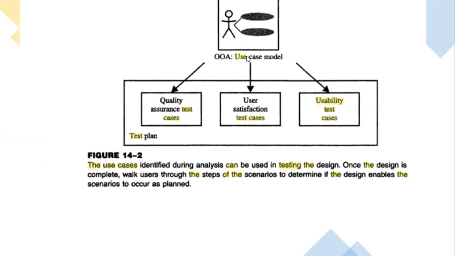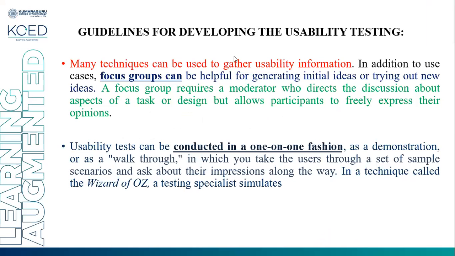So the use case model is a base for everything. Use cases identified during the analysis can be used in testing a design. Once the design is complete, walk the user through the steps of the scenarios to determine if the design enables the scenario to occur as planned. So the use case model is very useful for usability testing.